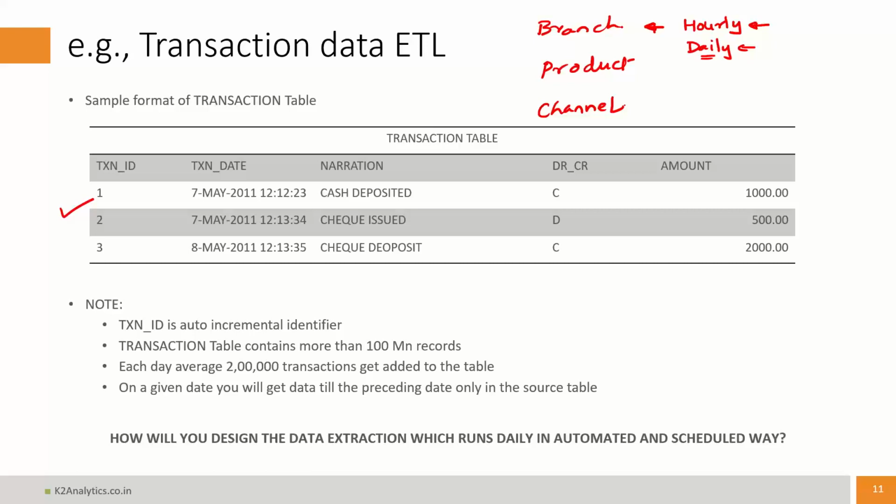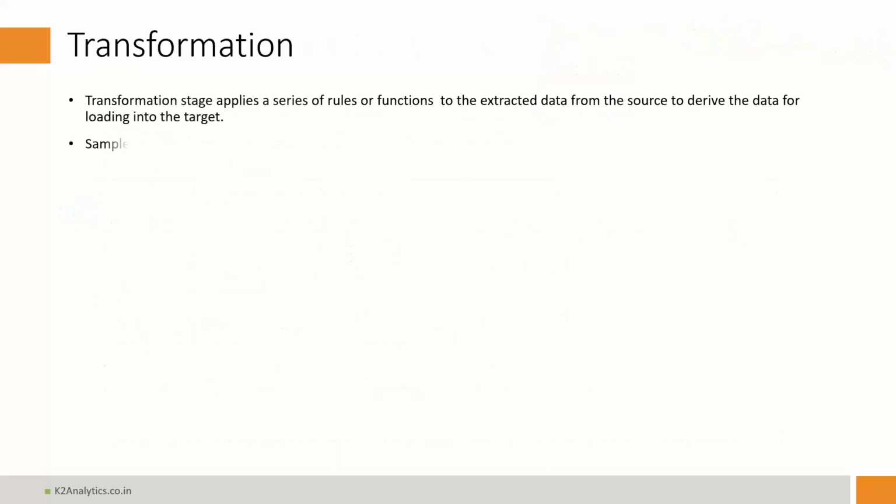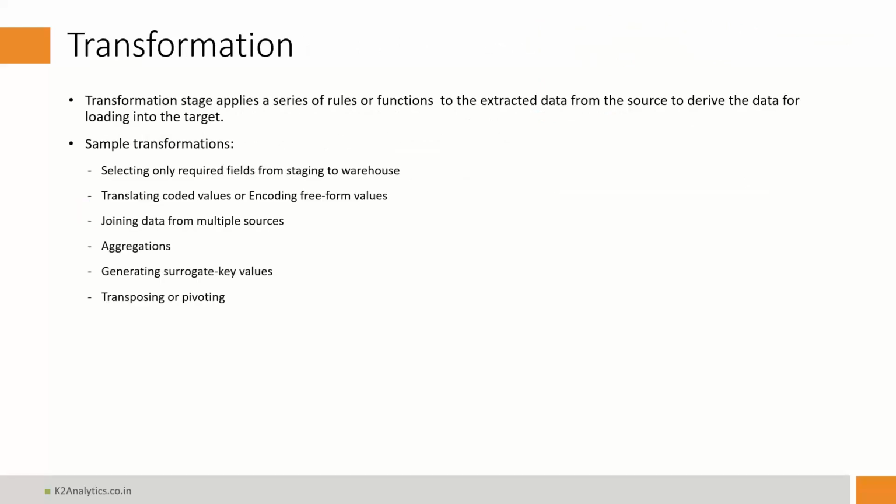However, most of the business MIS are at daily, monthly, quarterly, and annual. So you need to understand the granularity at which you want information. According to that, you will have to decide your data aggregations.